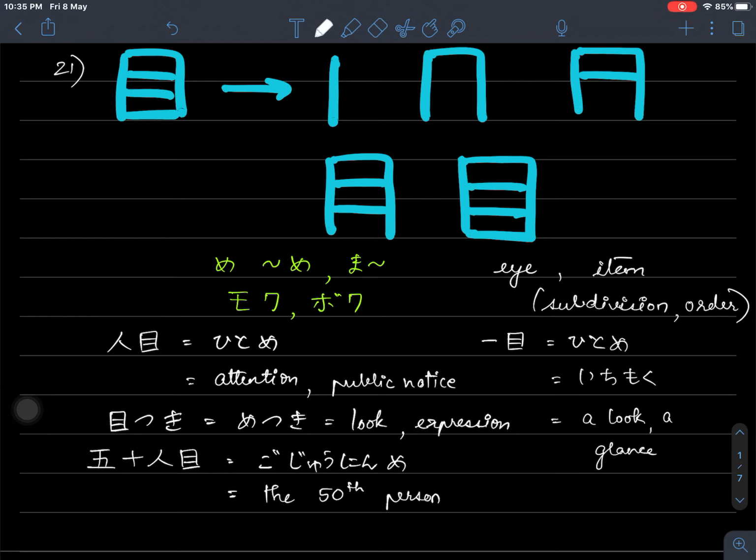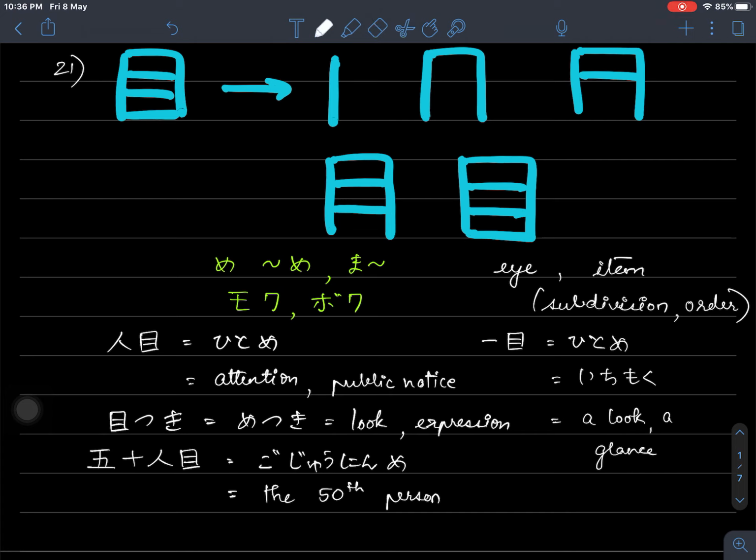This is how this word is used, wherein you want to specifically talk about a particular object in a series, a particular object in a list, or a particular person in a sequence. So when you want to say the 6th something or the 5th something or the 31st something, what we write in English as, for example, third, this superscript rd, that is what you're representing with me. That is the purpose that this kanji serves.